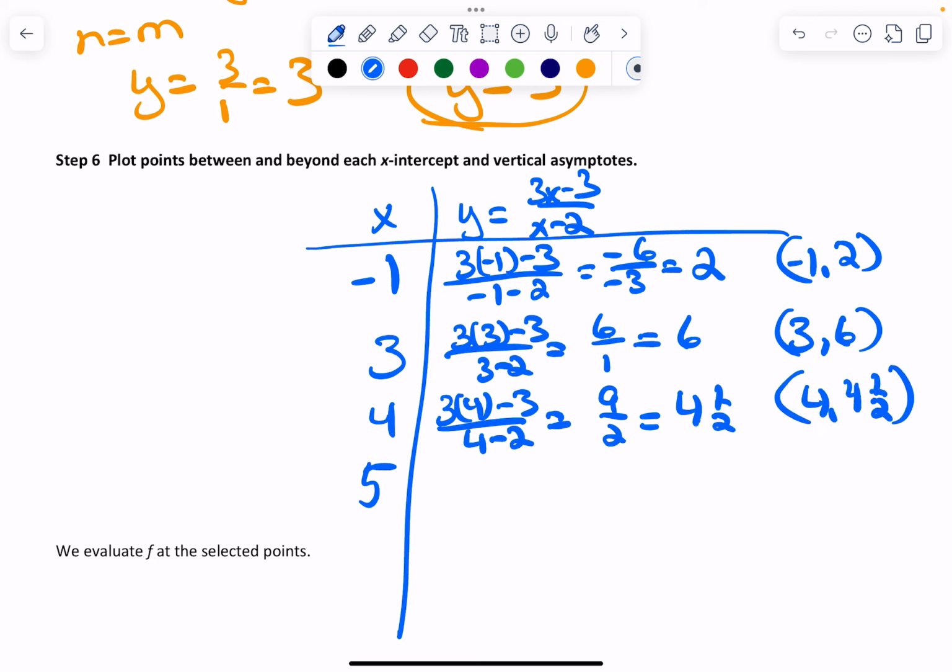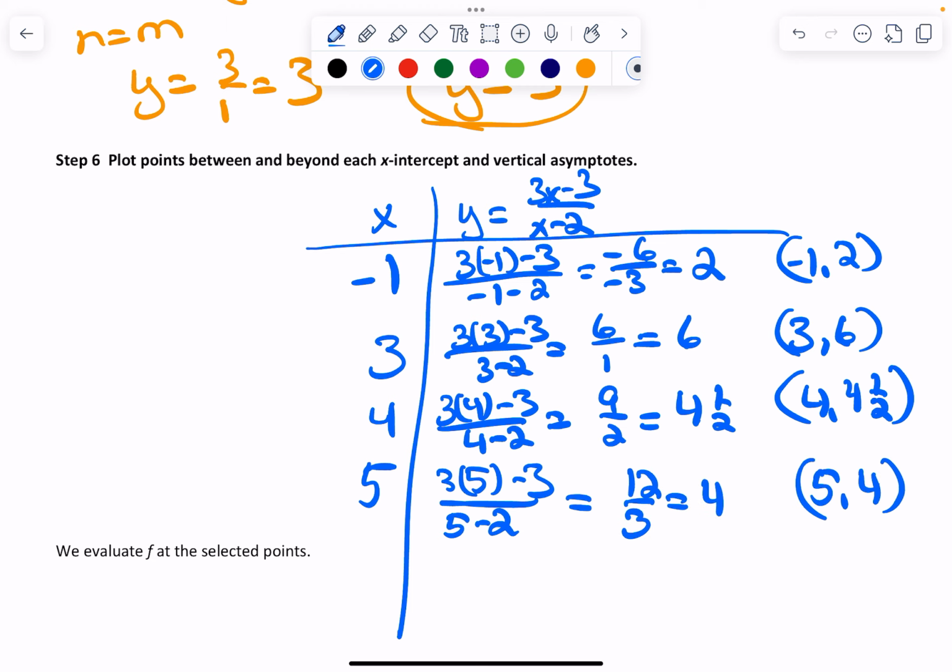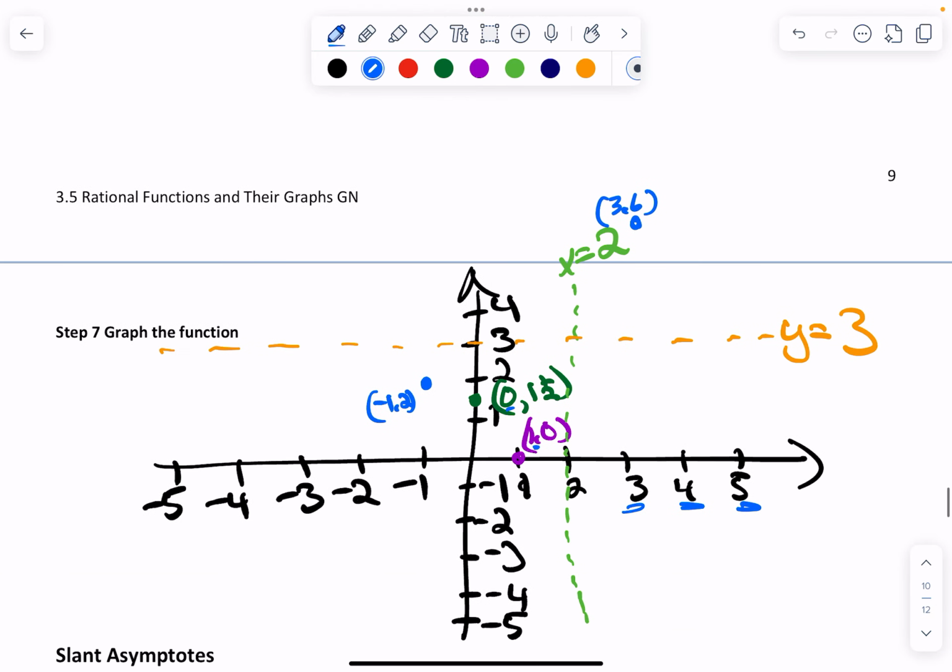I'm going to calculate 5 while I have this here. That one is going to be 12 divided by 3 equals 4. So 5 and 4. 4 and 4.5 is somewhere here, and 5 and 4 is going to be somewhere here.